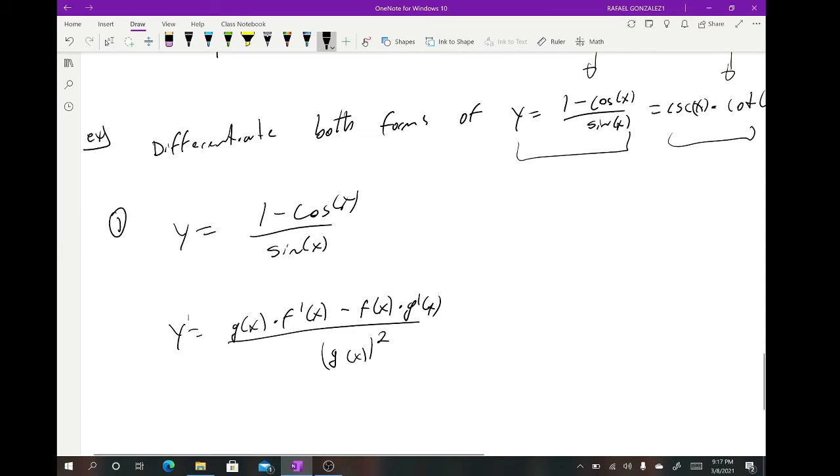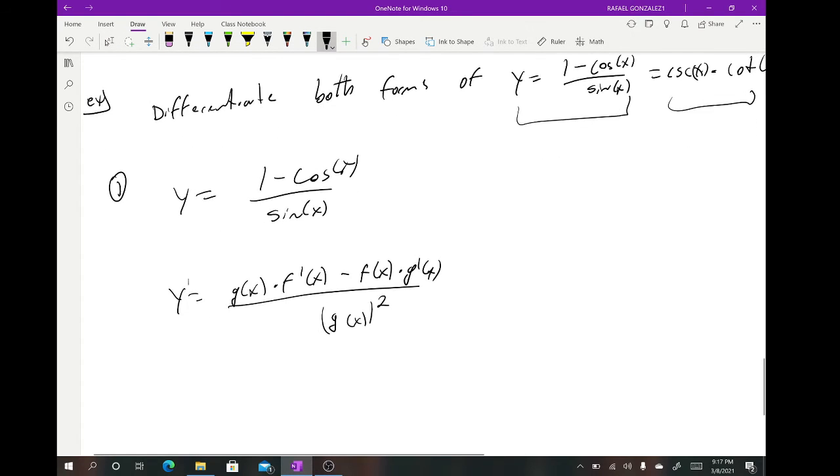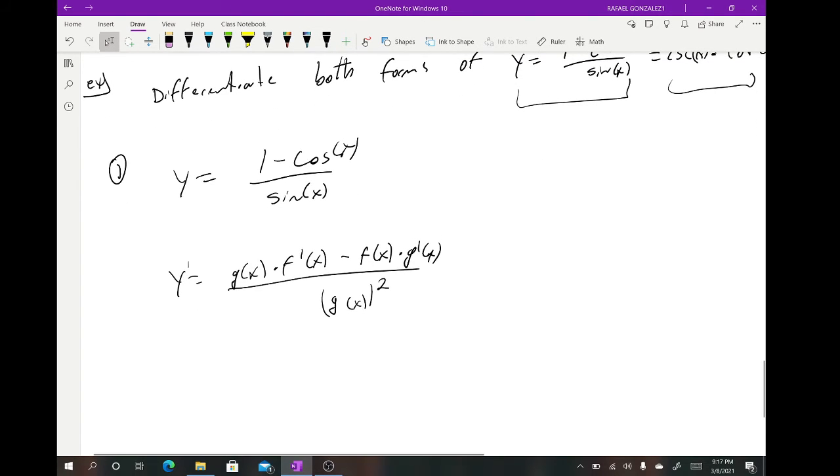I'm going to keep on writing the quotient rule every time that we do a problem so that you're reminded of it, so you can memorize it. Let's find out where f and g should be. I'm going to say f of x is the numerator, so that's 1 minus cosine of x. And then g of x is going to be the denominator, which is just sine of x.